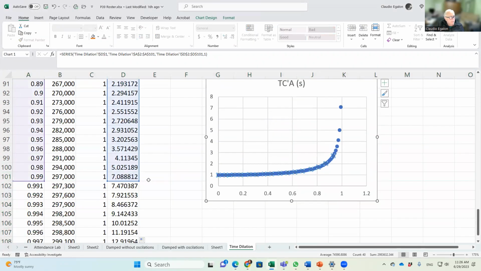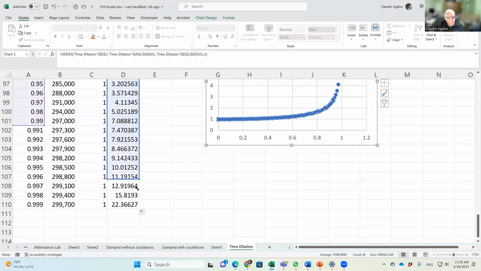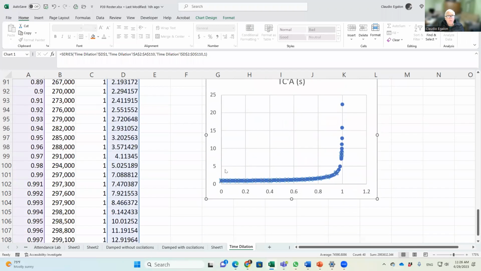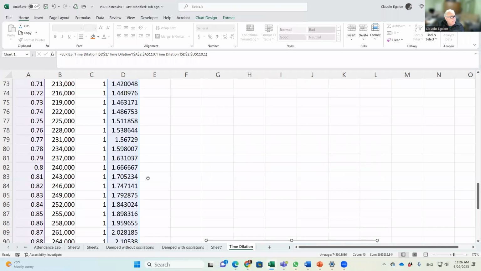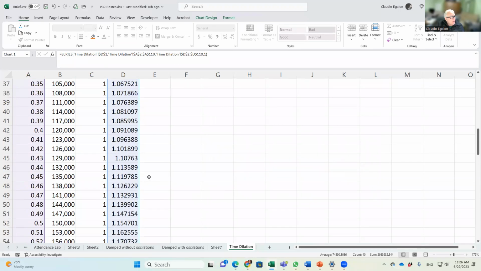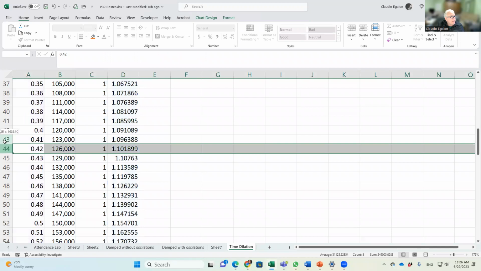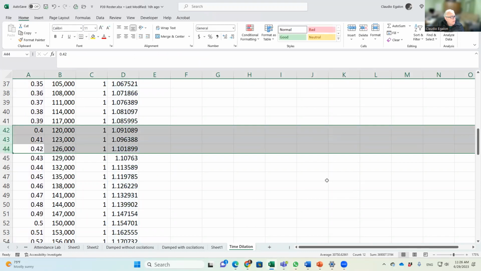And we can even plot that here as well. So look, it starts to become perceptible only at around 80% of the speed of light. Let's use our definition of negligible: anything below 10% is negligible. So we're talking about 0.42 the speed of light.